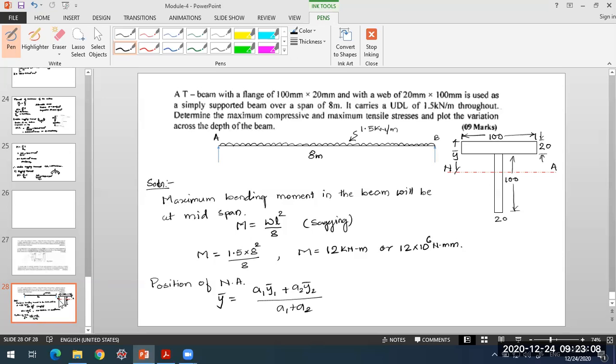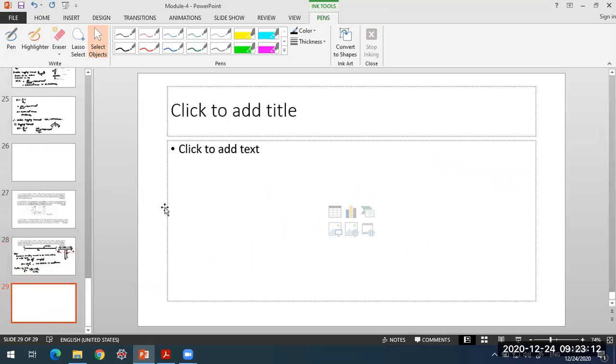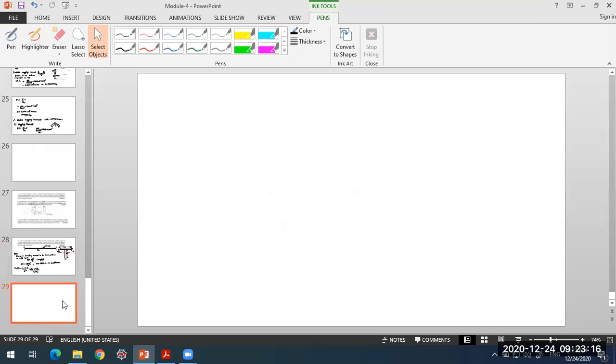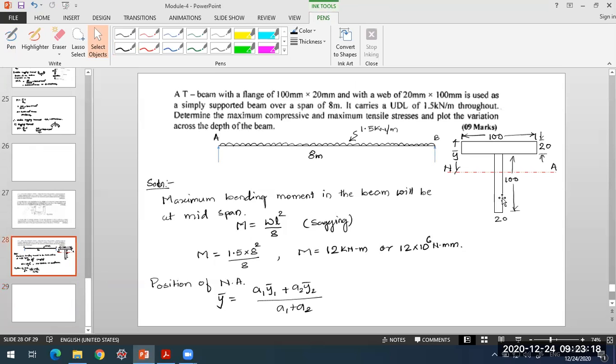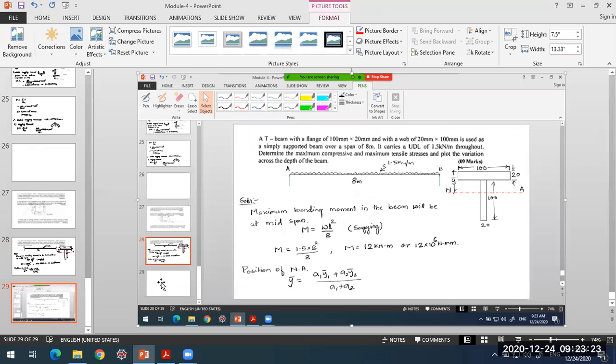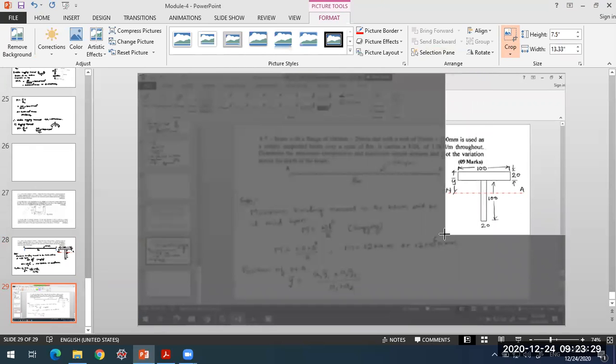So A1 is 100 by 20, and this is the cross section which we are having here.